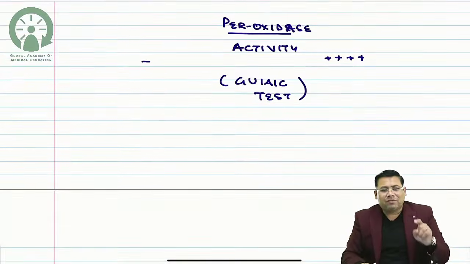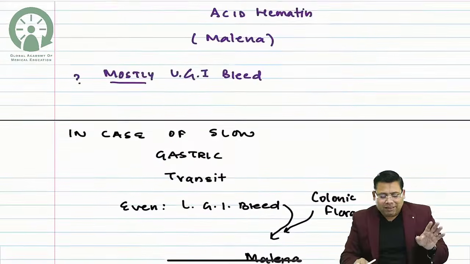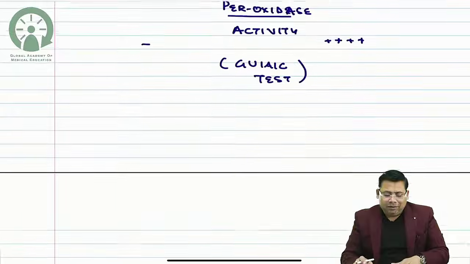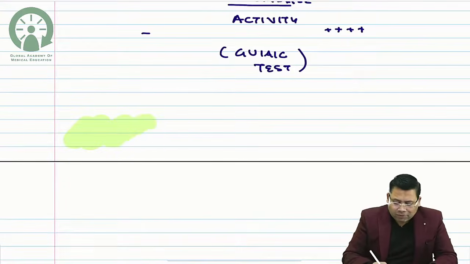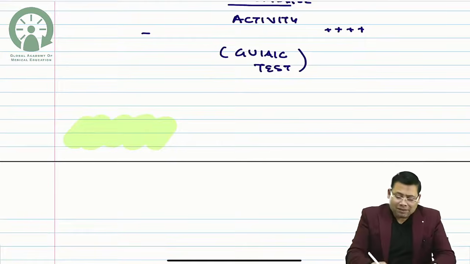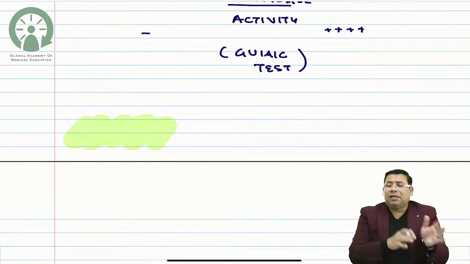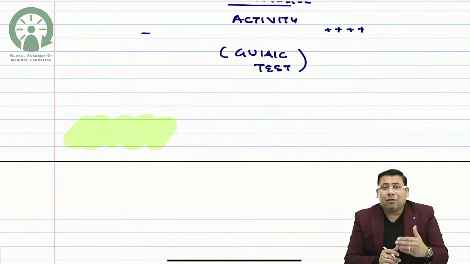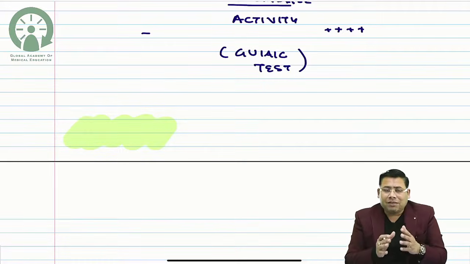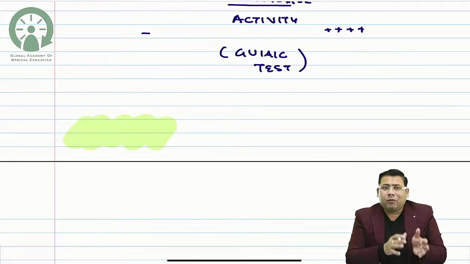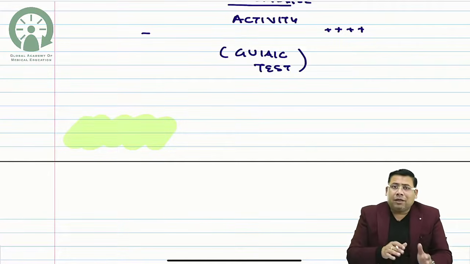So we have come across one term which is melena, and another term, the concept of hematemesis. Next, let us talk about one more concept. We have seen hematemesis. Now let us talk about hematochezia and rectorrhagia. What is the difference between rectorrhagia and hematochezia?